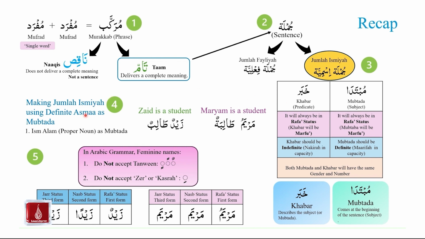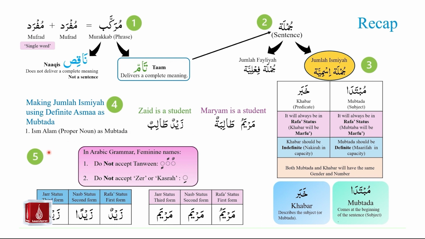We next studied how to make jumla ismiya using definite asma as mubtada. And we studied using ism alam or proper nouns as mubtada. We studied examples like Zaid is a student, making Zaidun talibun, and Maryam is a student, making Maryamu talibatun.